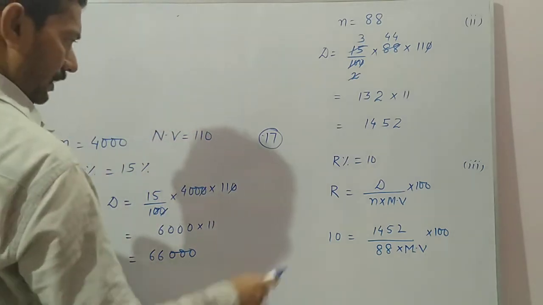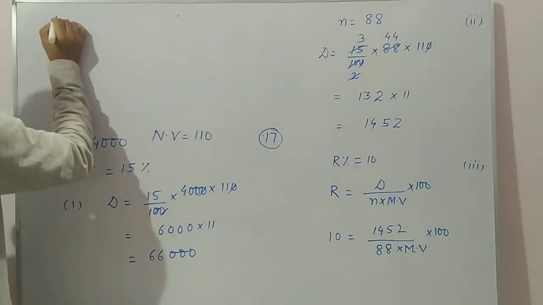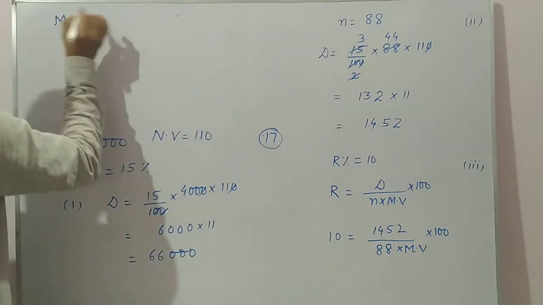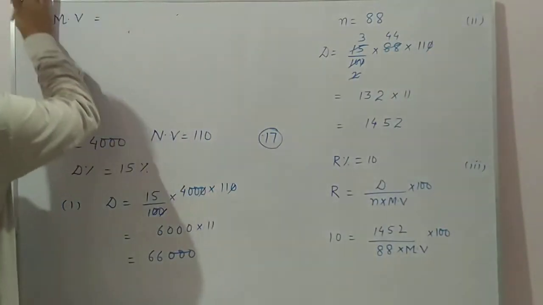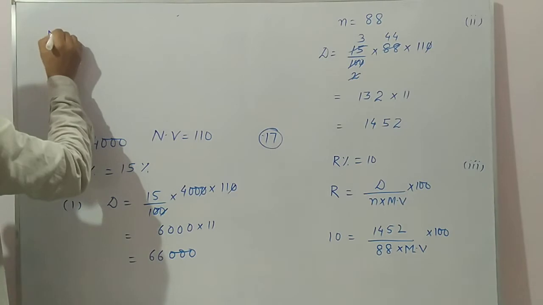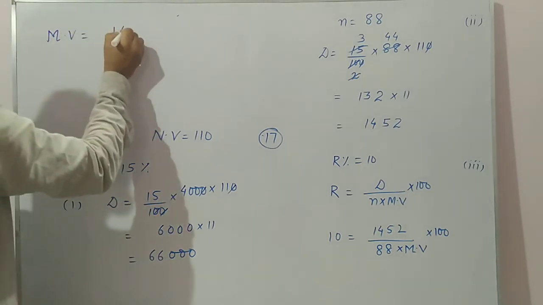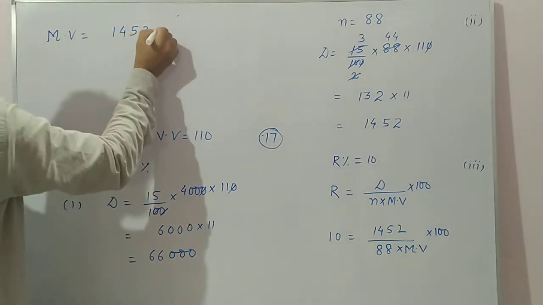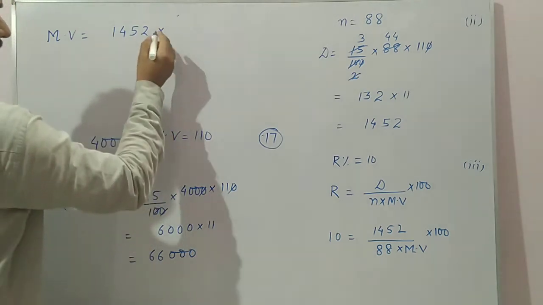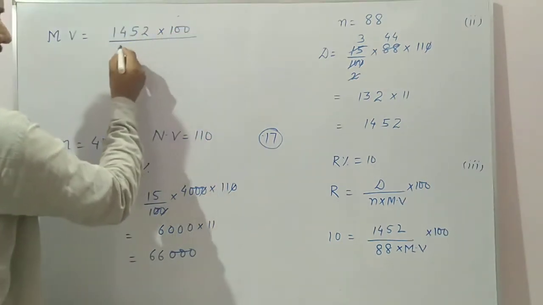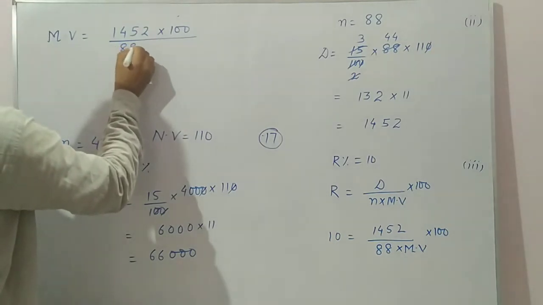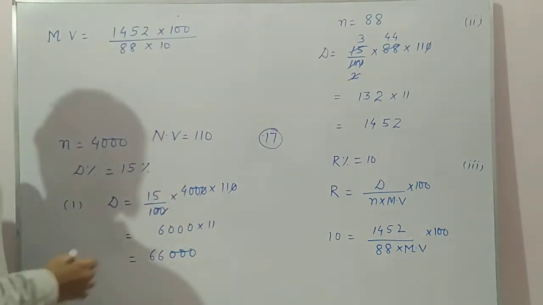So here market value is equal to 1452 into 100 by 88 into 10.